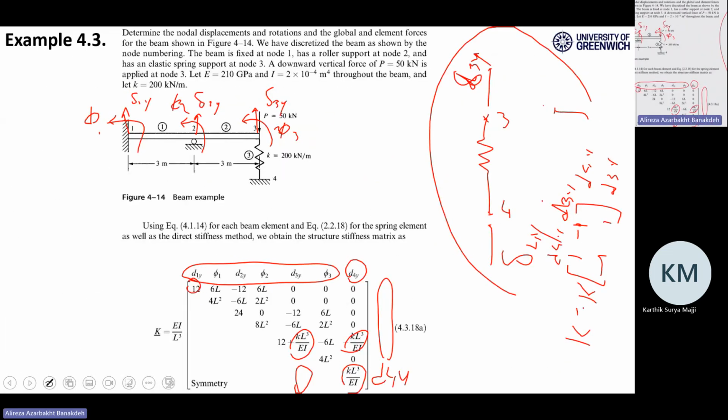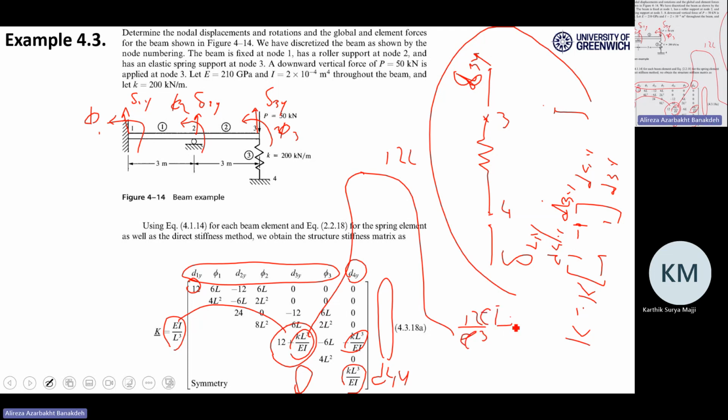What is this? Exactly, 12 EI over L cubed. Multiply this here, what will you get? 12 EI over L cubed plus K.